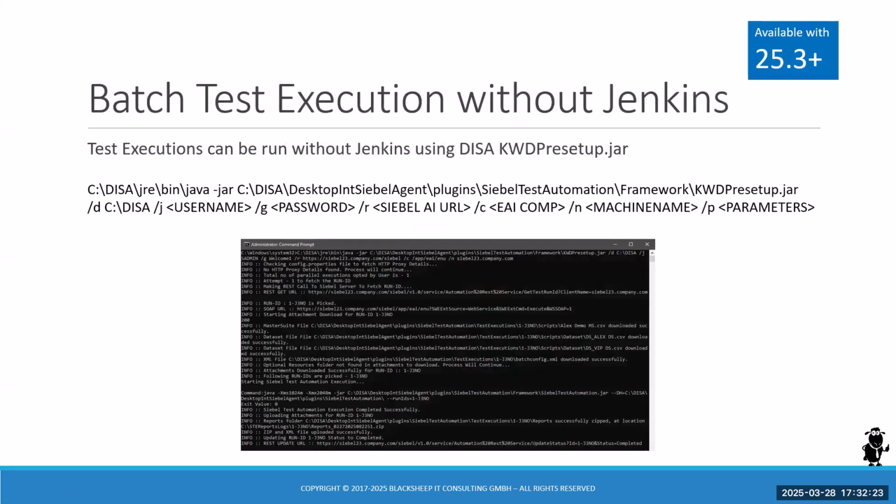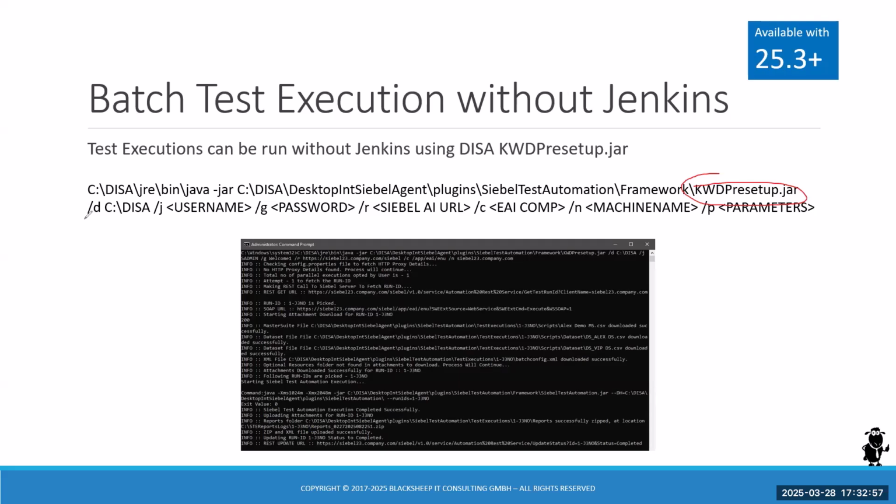And here's the command line that I couldn't help trying out, and it works like a charm, also when Siebel or DISA is not 25.3. Can confirm, works. That means you can bypass Jenkins if you have that test execution record in your database. You actually don't call DISA, you call the Java library that comes with the Siebel test automation, and that's the KWD pre-setup jar.